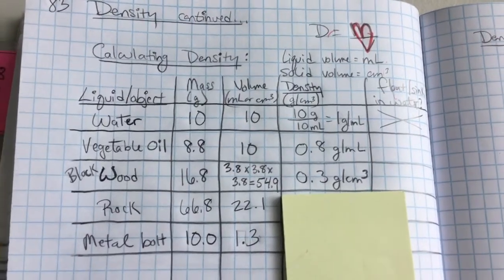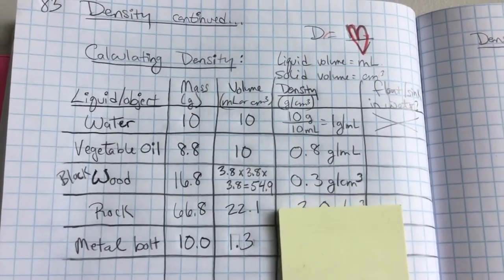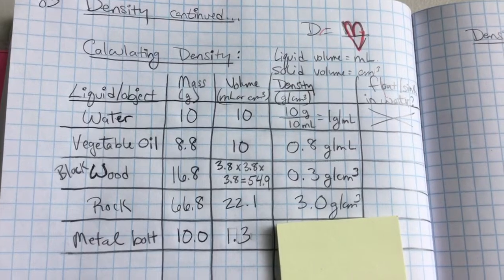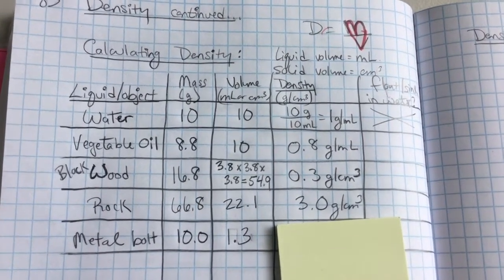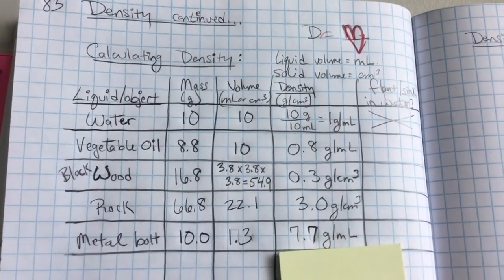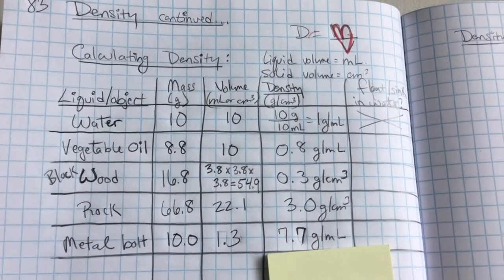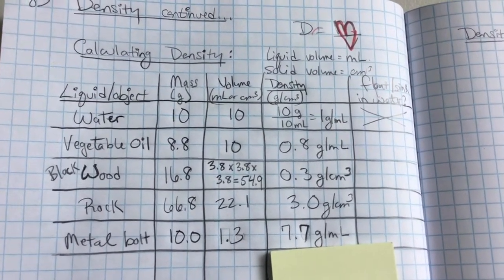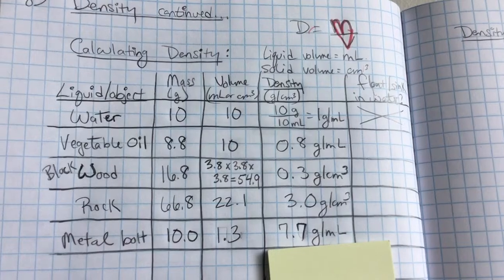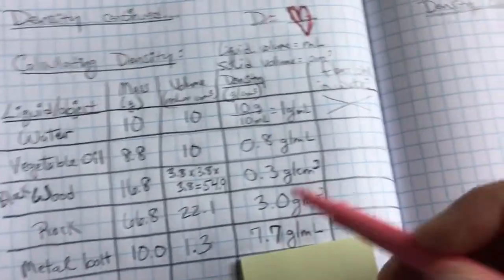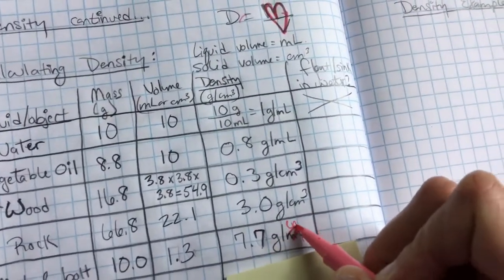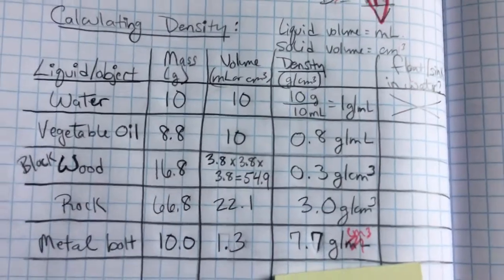Then we've got our rock and our metal bolt. Our rock, 66.8 divided by 22.1 is 3. And then the metal bolt is 10 grams divided by 1.3 centimeters cubed. Oops, sorry, this should be centimeters cubed. See, even I make mistakes.